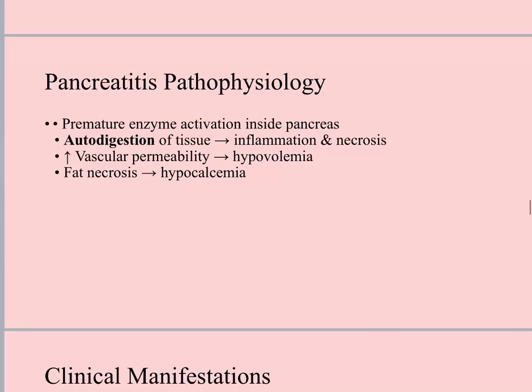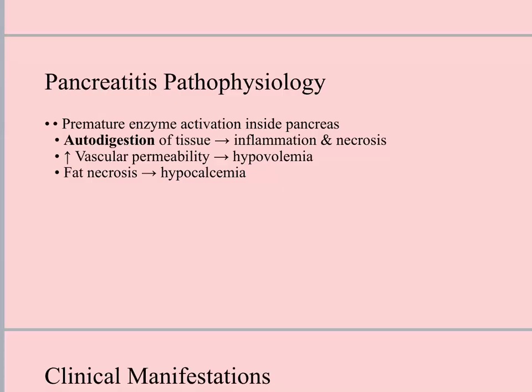The pathophysiology of pancreatitis looks like, well, normally the pancreas has digestive enzymes, amylase, lipase, and trypsin, but they're inactive. So they're not kicking into gear until we need them to kick into gear in the small intestine. And then once they're there, under normal circumstances, they digest fats, proteins, and carbohydrates.